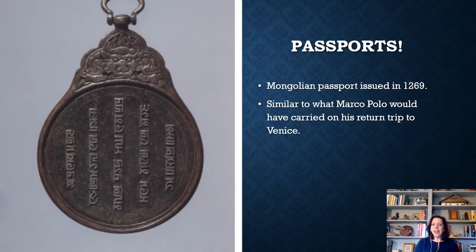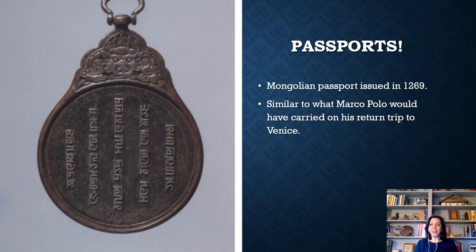We also see art in some fun formats over the years, and this actually is a passport. So interesting to note that the system of tracking the travel of citizens dates way before the US ever became a country. And this is an example from about 1269, and Mongolia was one of the first countries to really have a systemic passport system.